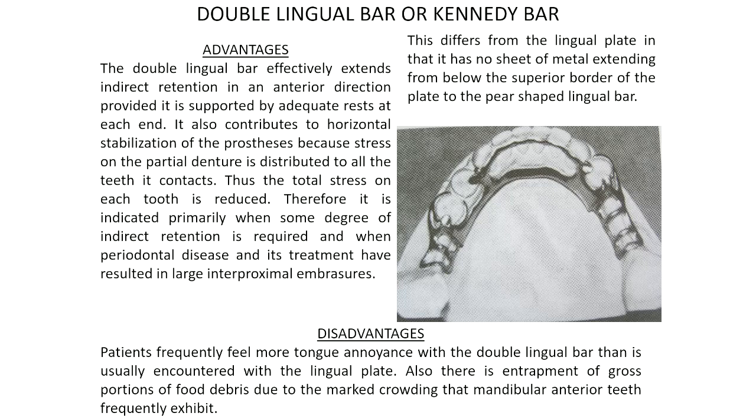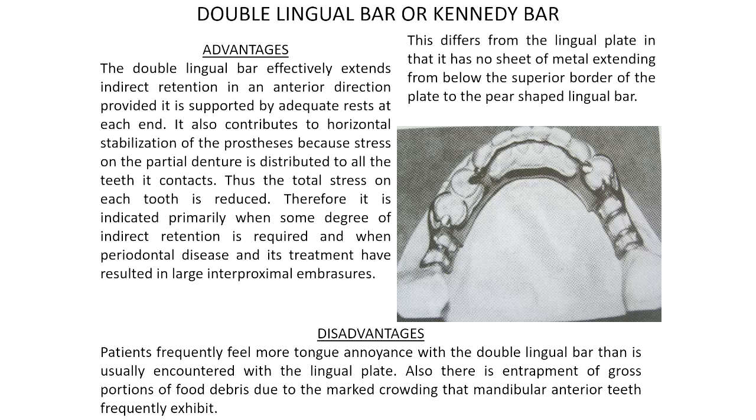And this differs from the lingual plate in that it has no sheet of metal extending from the superior border of the plate into the pear-shaped lingual bar. And the disadvantage is that the patient feels more tongue annoyance with the double lingual bar than is usually encountered with a lingual plate.